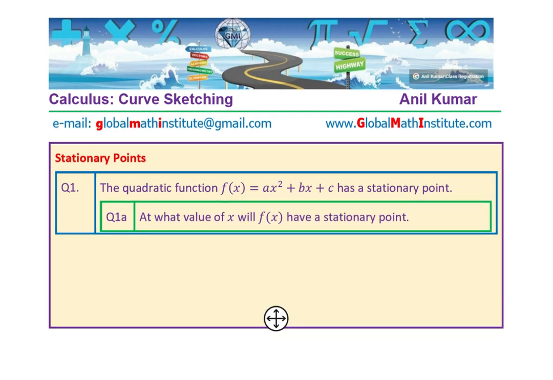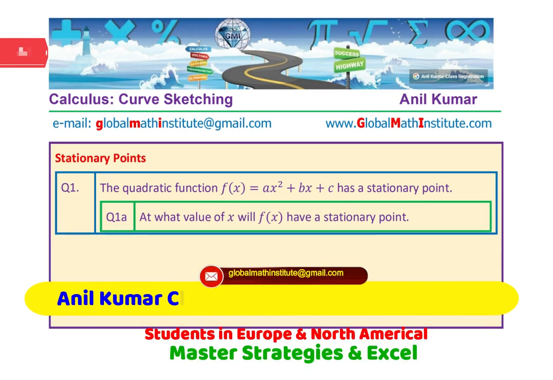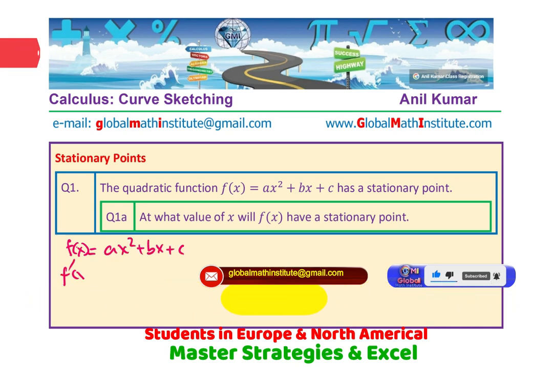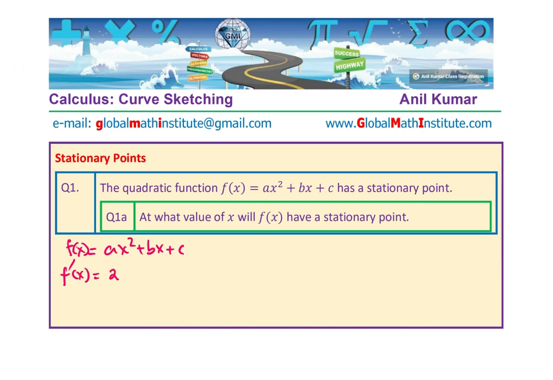So how will it be done? Let's do it once again. We know that the function here is ax squared plus bx plus c. The derivative of this particular function is 2ax plus b, which can be factored. We can write 2a times x plus b by 2a, correct? So we know the critical point is at minus b by 2a.